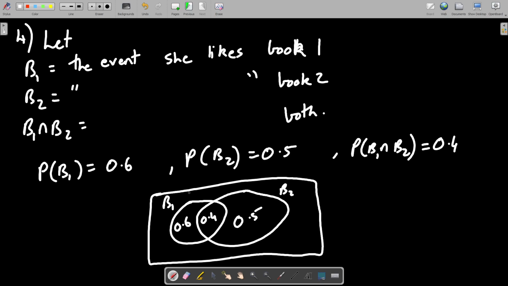That scenario is there, so this will not be an empty region. If you want, you can mark it over there. This over here is does not like both books.